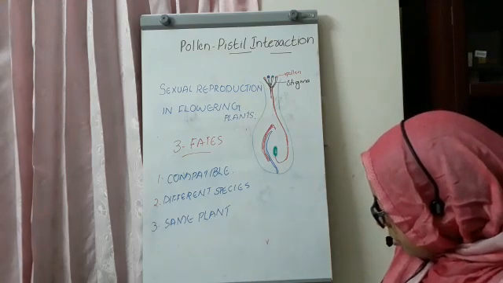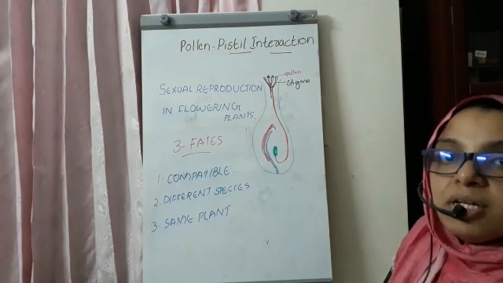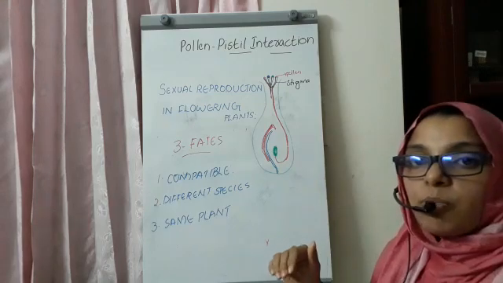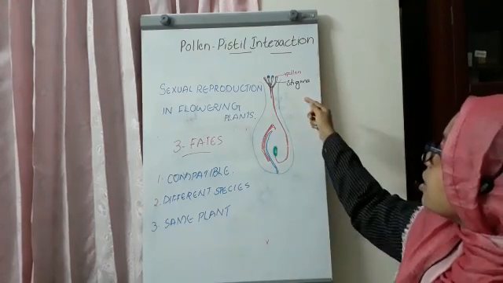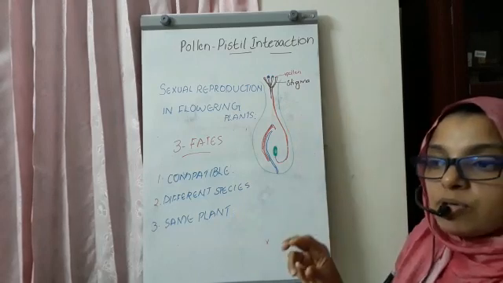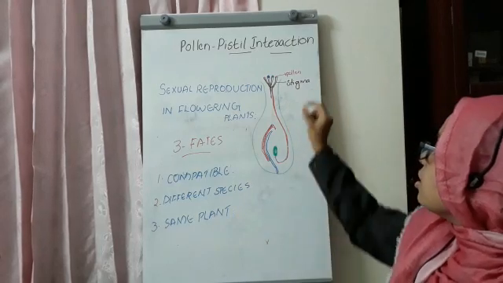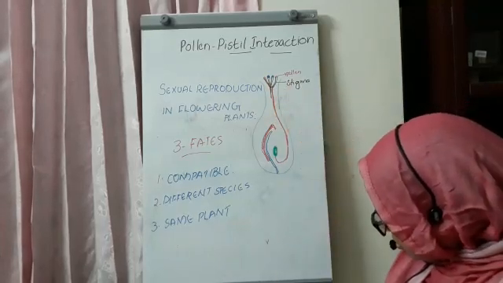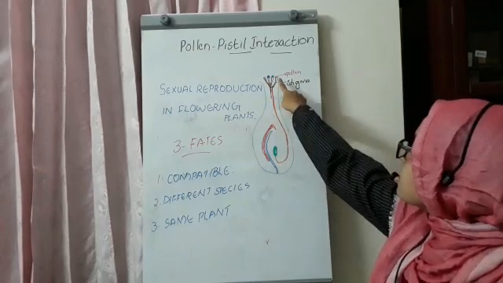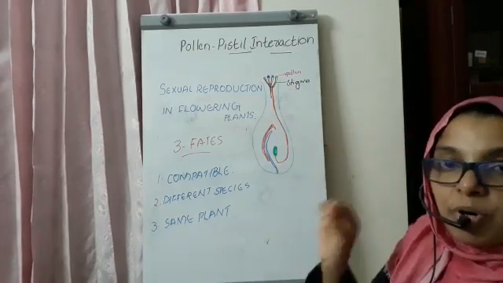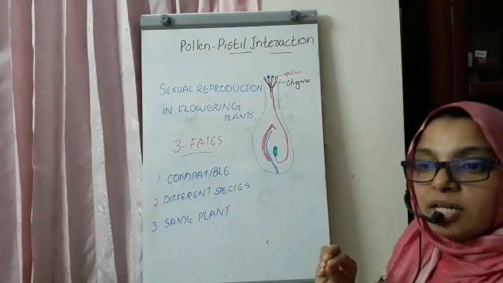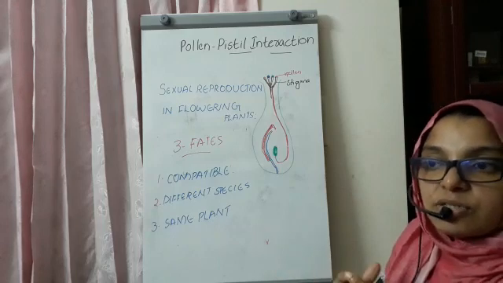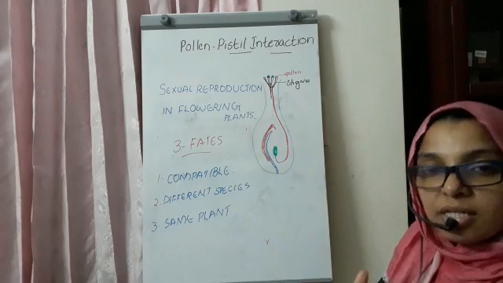And these interactions can be mediated by certain chemical compounds. The chemical compounds present in the pollen, as well as those present within the stigma or pistil portion, both of them mediate the interaction.